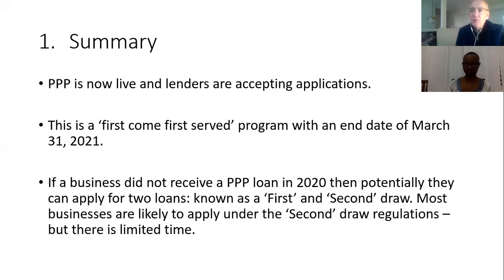Essentially, you would have to get your first draw application submitted and approved within an 8-week window of the March 31st end date. So effectively, you've got to get that application in within the next week and then use it over the next 8 weeks and get a second application in. So the chances are quite slim, but it is in theory possible.